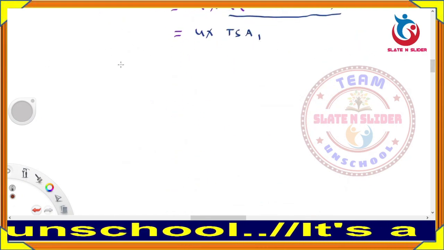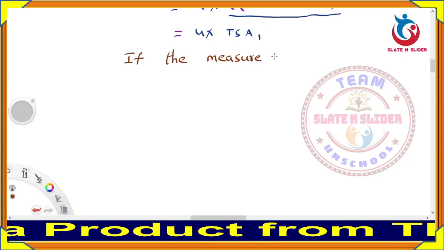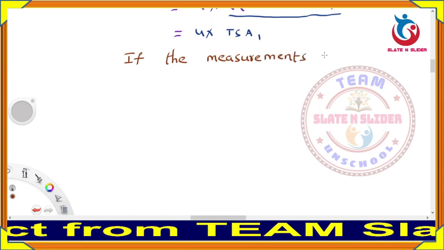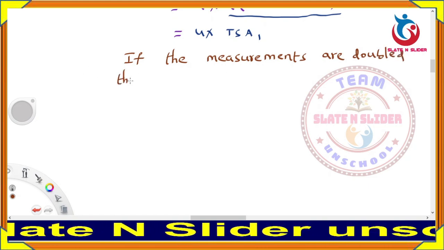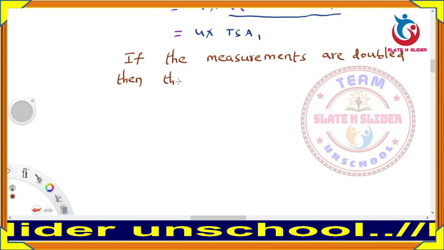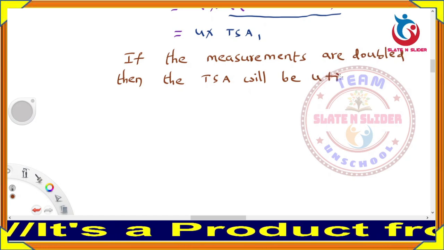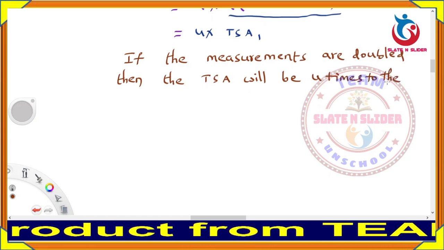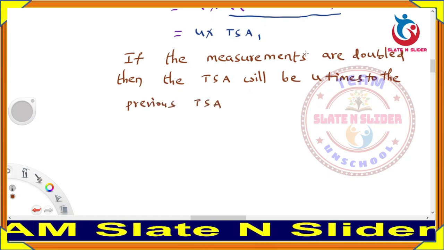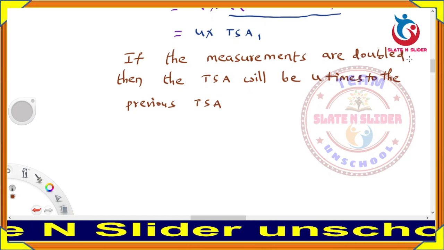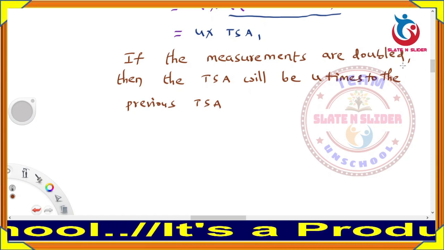Here what happened, if the measurements are doubled, then the TSA will be 4 times the previous TSA, and we can check the volume and the lateral surface area also.